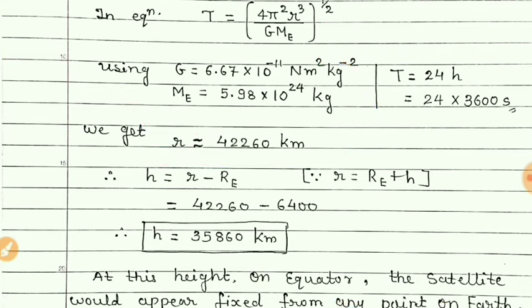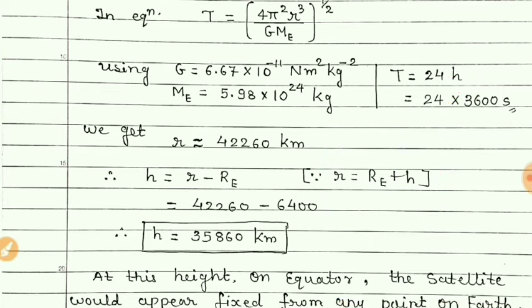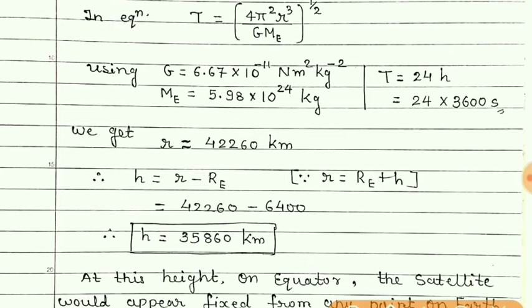Now this small r is the distance of the satellite from the center of the earth. But we know that this small r is nothing but Re plus h. So what is h? That is the height. So height will be r minus Re.